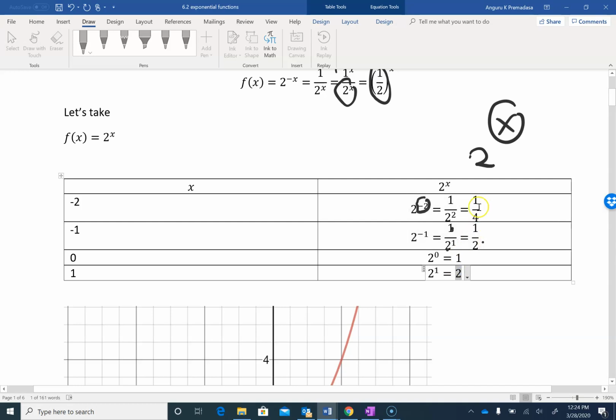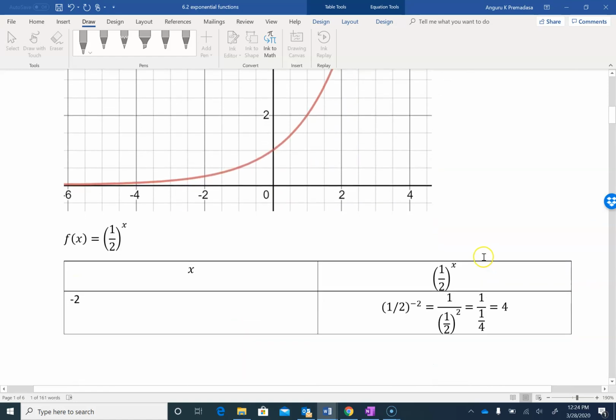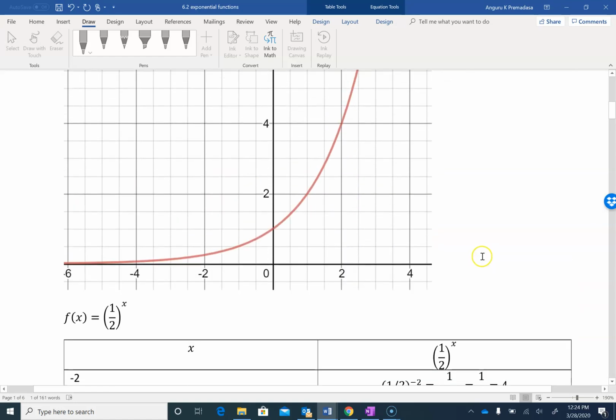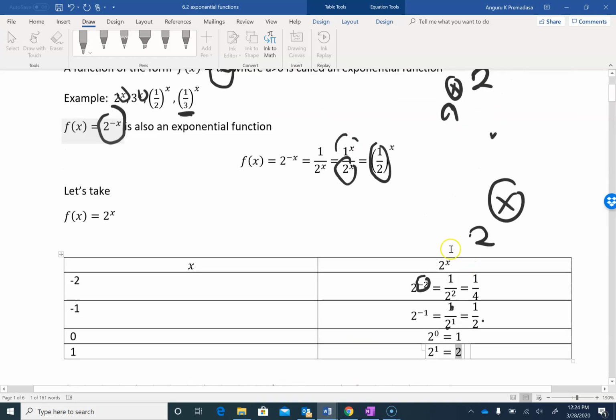So there's always a constant multiple between any two consecutive points. It's multiplied by the same amount. That's why it's called exponential, right?